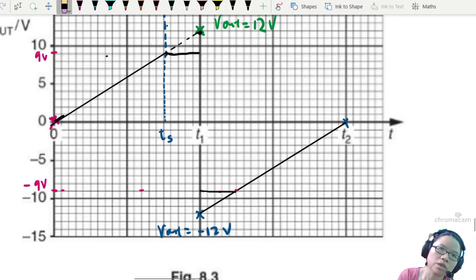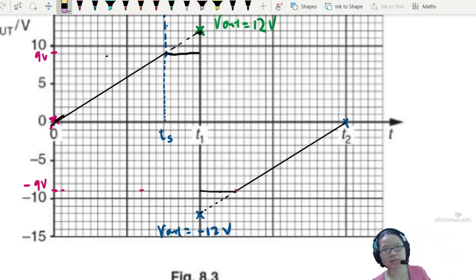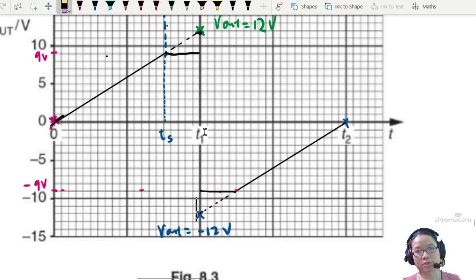All right, then if you want to, you can take out an eraser and change this into dotted lines. If you don't want to draw dotted lines, never mind. But I find that having this is useful for you to double check your answer. So once again, this TS is symmetrical, so 5 boxes away from T1.